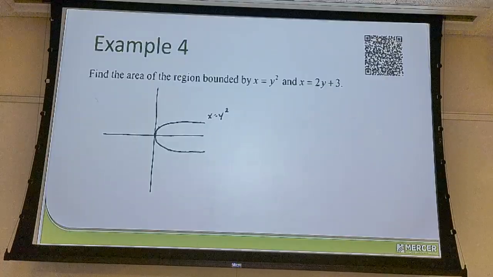That is x equals y squared. 2y plus 3, the slope of positive 2, and x-intercept of 3.